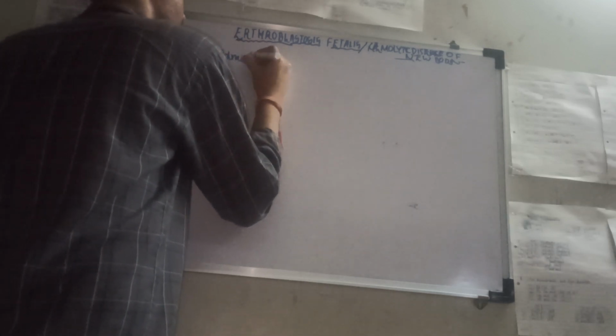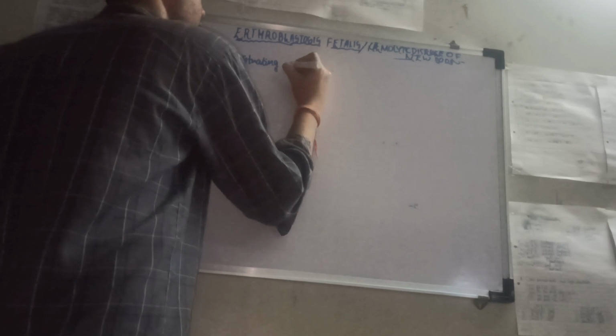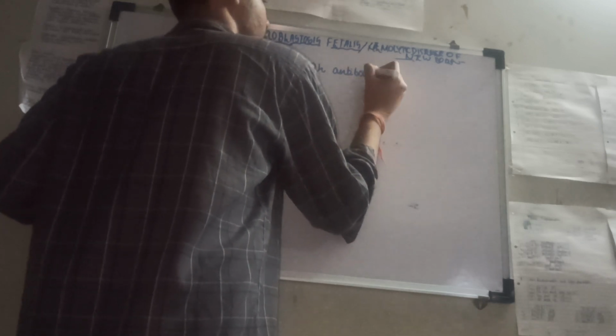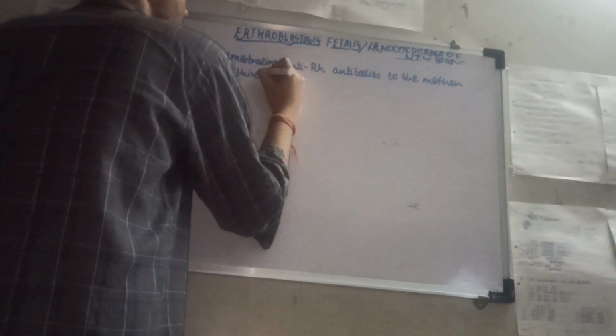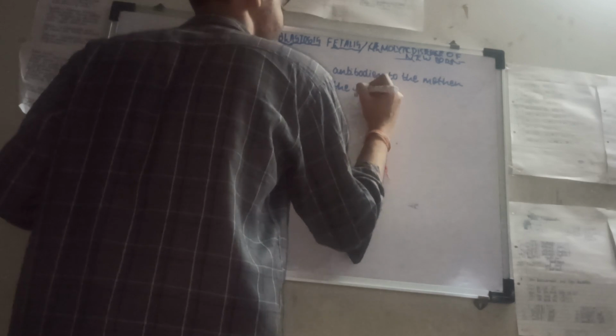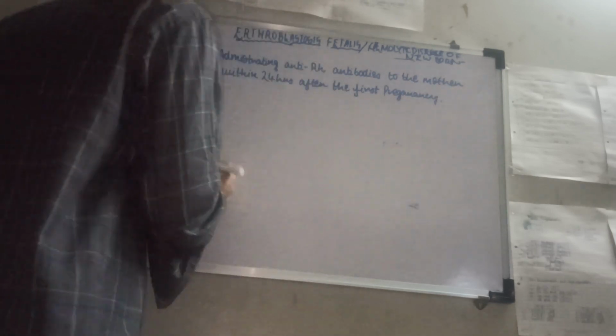There is a simple prevention which is used, that is administering anti-RH antibodies to the mother within 24 hours after the first pregnancy. So this is the prevention for it.